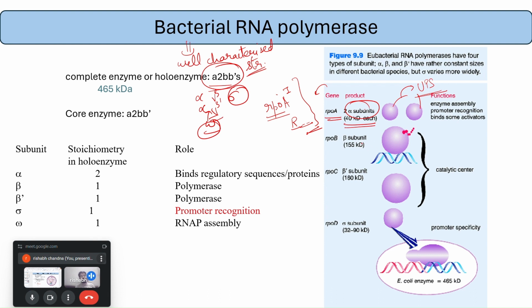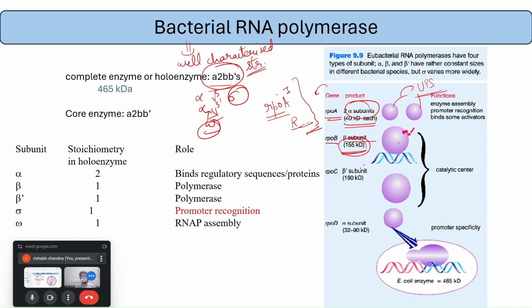Then we have the beta subunit. It is the 155 kilodalton subunit coded by the rpoB gene, and these two, beta and beta prime, form the catalytic center of RNA polymerization.